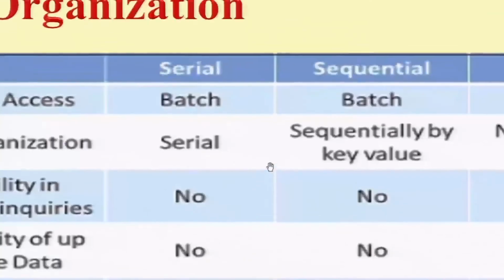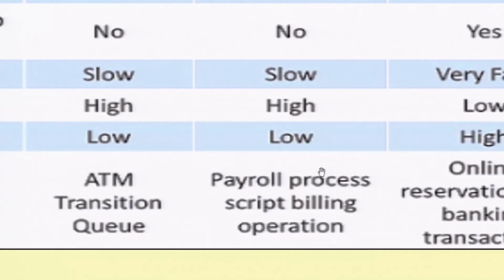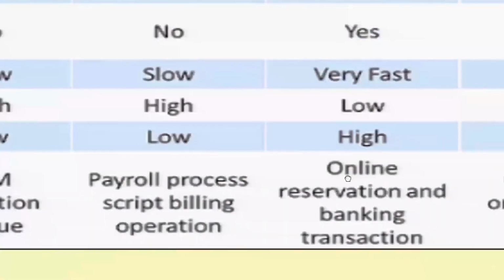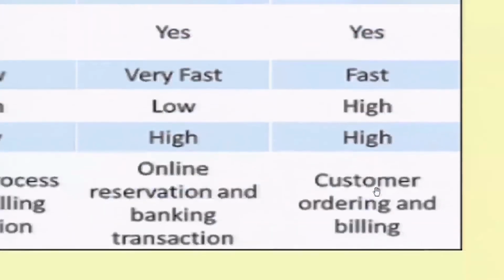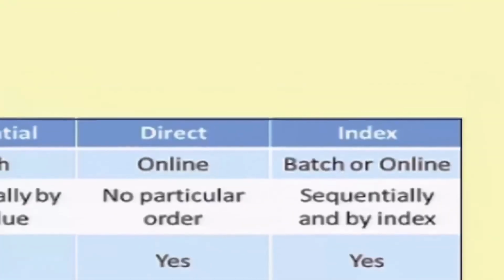For the sequential access, the example is payroll process and script building operation. For the direct mode, the example is the online reservation system and online banking transactions. For the index mode, customer overriding and customer billing are taken out in the index mode.